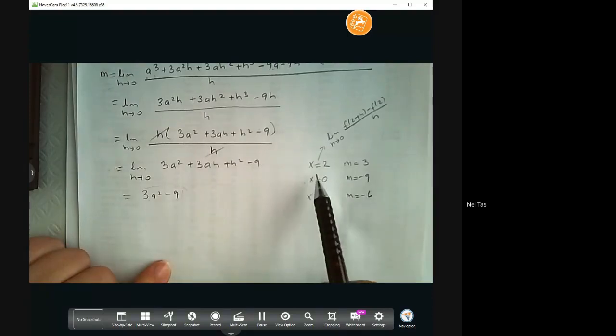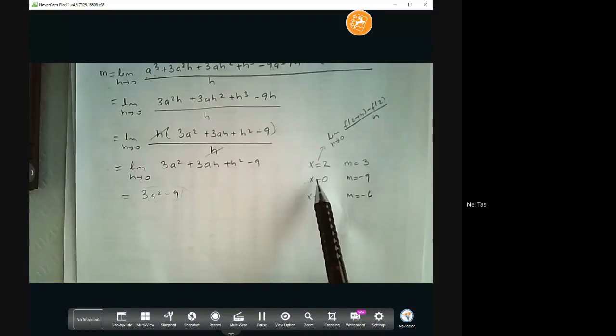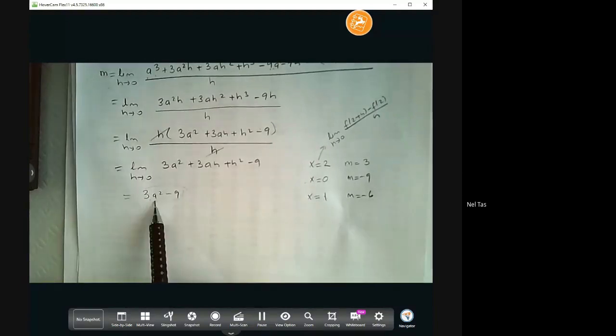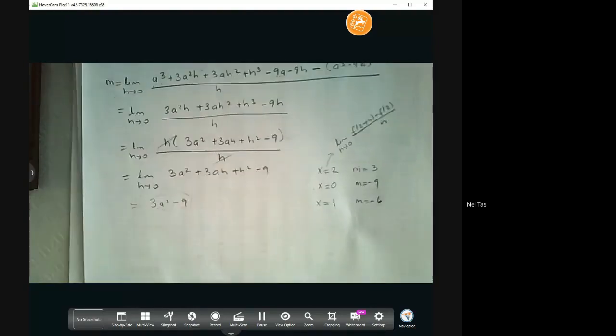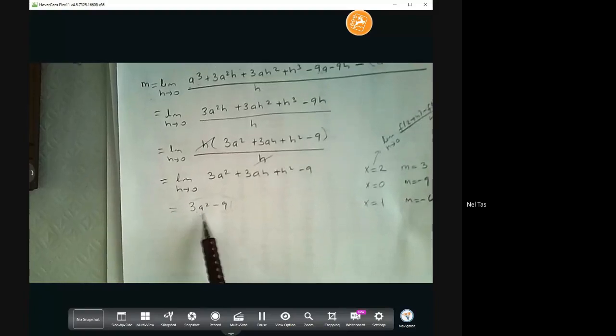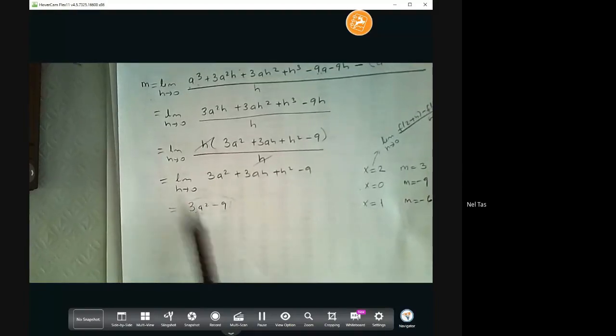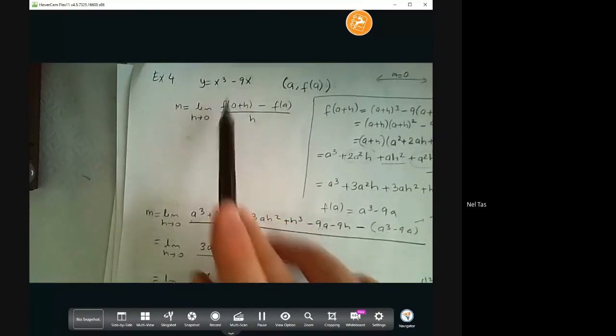So you can just find the slope of the tangent by subbing an x value in this formula. Okay? Actually, this formula is the derivative. We're going to learn it in chapter 2. But this function that we get for the slopes of the tangents is the derivative of the original function. Okay?